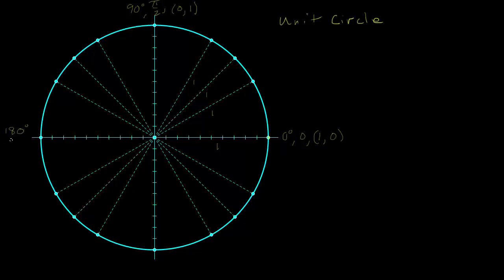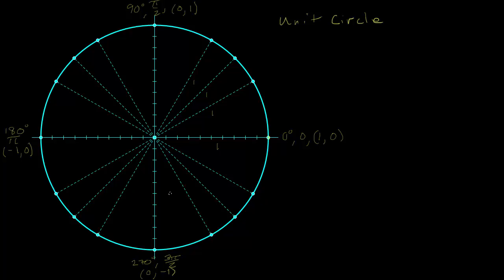This is pi radians, and the coordinate is -1, 0. And down here we have 270 degrees. This is 3 pi over 2. And the coordinate here is 0, -1.